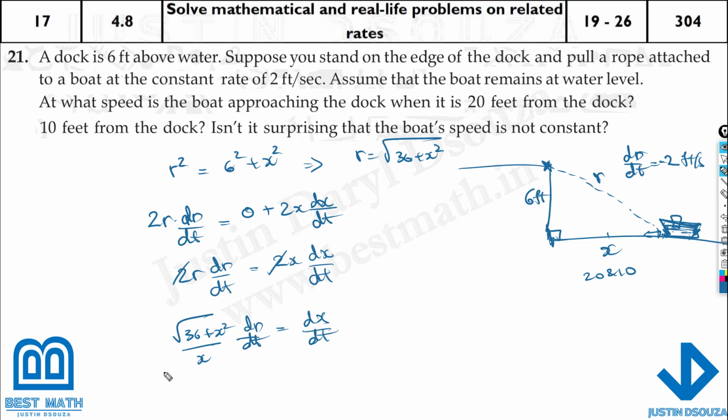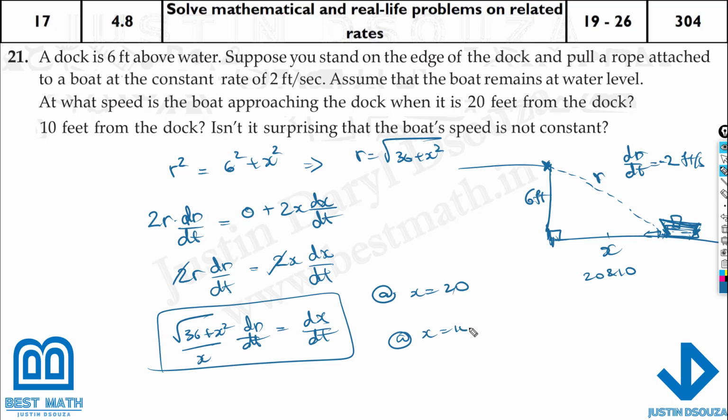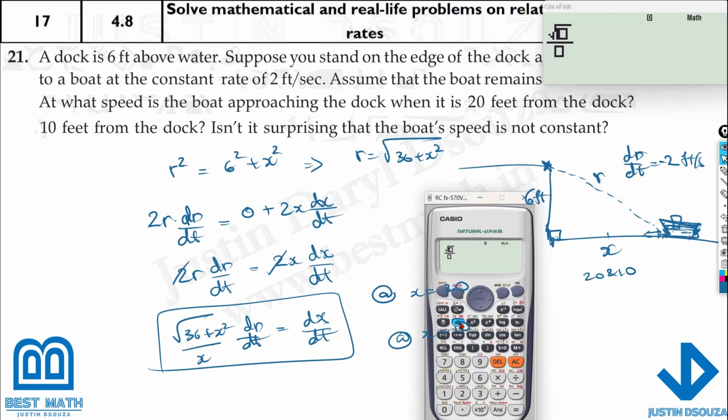So this is what we had to solve. Now just solve for two cases: at x is equal to 20, and at x is equal to 10. We can just use our calculators and do it. Let me show you. Let's write this equation out: square root of 36 plus x squared, divided by x, times dr by dt, which is minus 2.